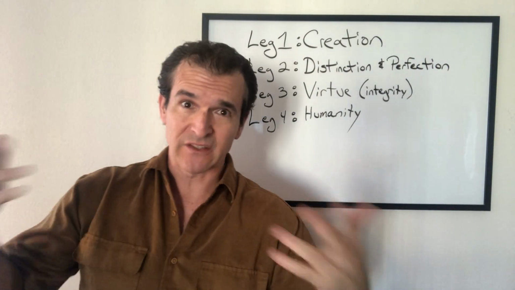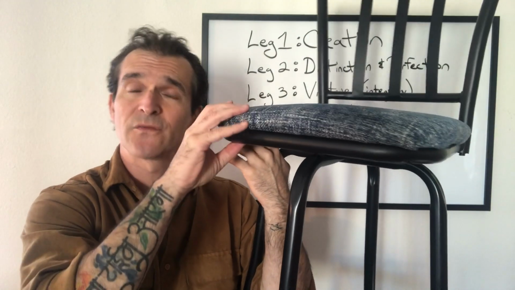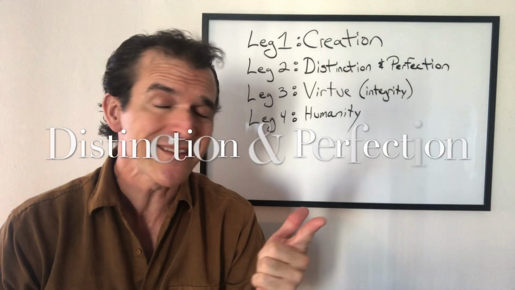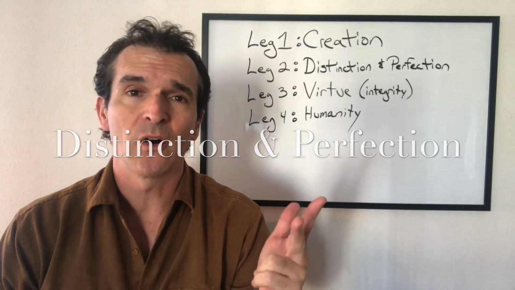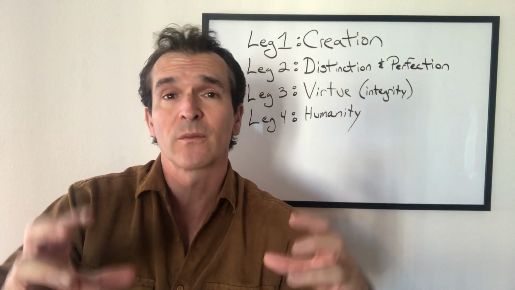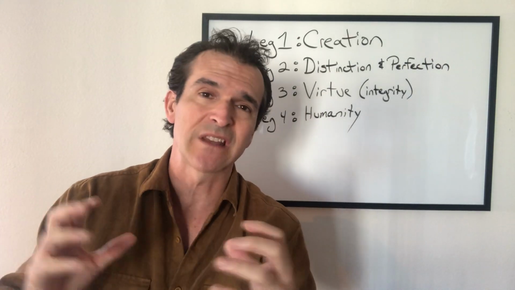And we've so far covered this. And we have used as our object lesson this. The object lesson thus far has covered the 4 legs of the stool, which are, as you can see behind me, the leg of creation, something uniquely put together, the leg of distinction and perfection, the leg of virtues, and the leg of humanity, which came from the definition I had put together in a single sentence, derived from the original Greek and Latin and then French definition of what fine artistry is.